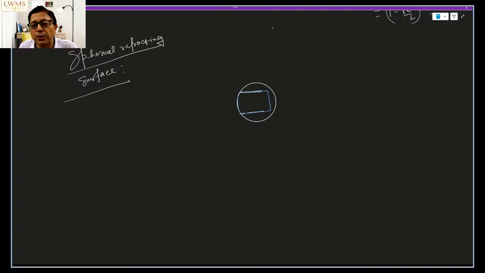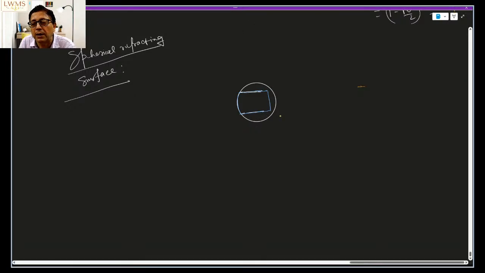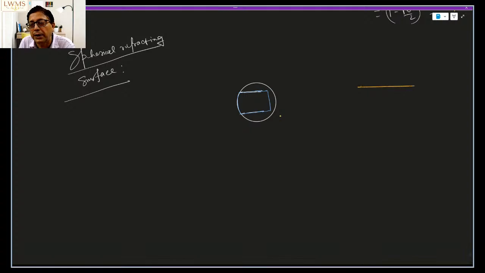Then it will look like this, which is a convex spherical refracting surface. Understand what I said? If you take that portion out, it looks like that.